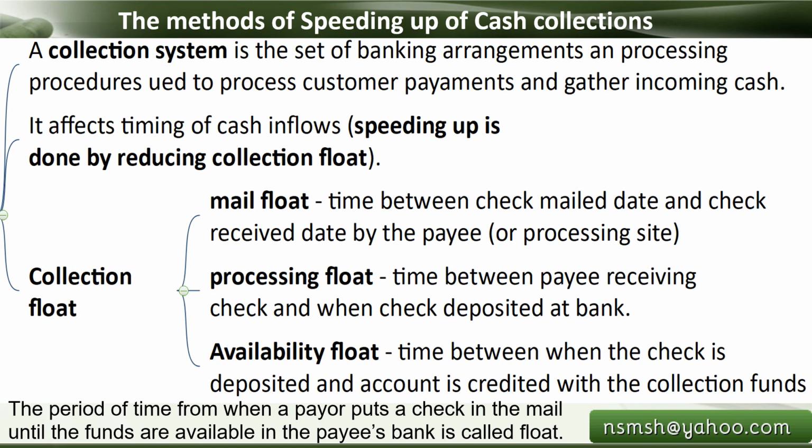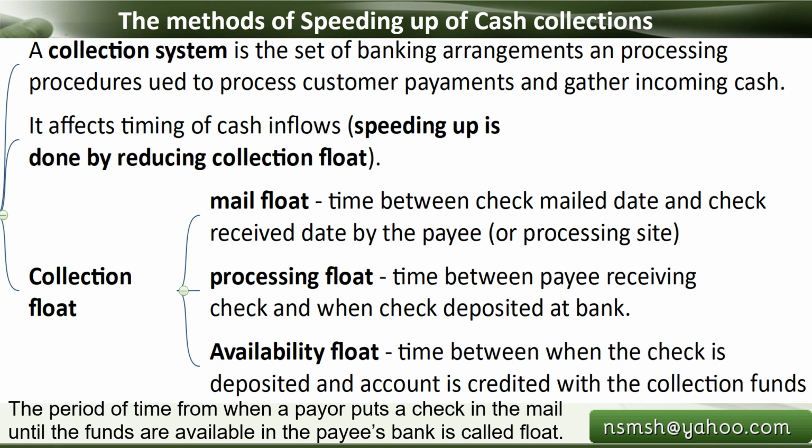The collection float has various parts. There is mail float, that is the time between the check being mailed and the check being received by the payee. That means the check sent by the customer who wants to pay, from that day till that check is received by the payee, the company collecting this accounts receivable or any collection point.